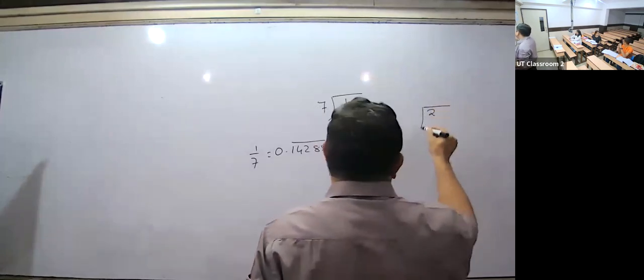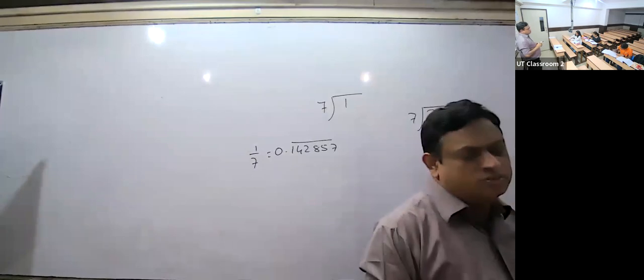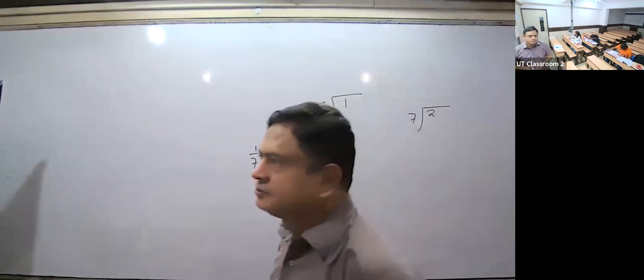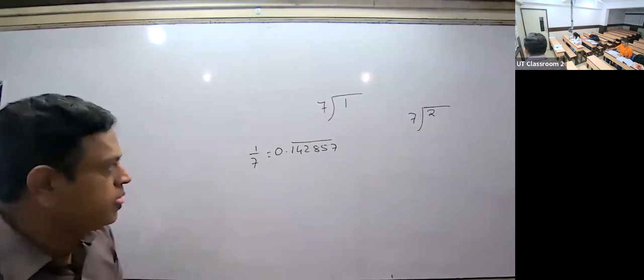Find out 2 by 7. Divide and see how much you get.